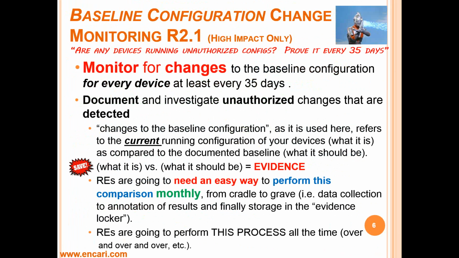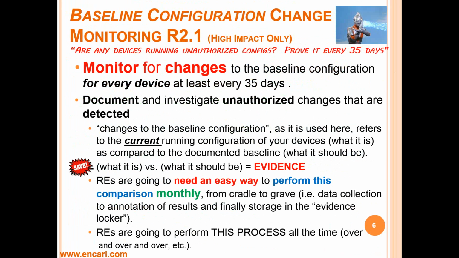It will really behoove us to figure out ways to do this that are easy, and also repeatable. So how do we gather the data such that we can learn what the running config actually is right now, and then how do we perform a comparison of that?